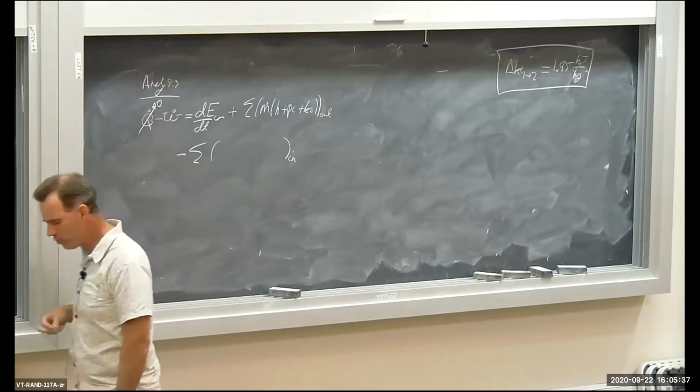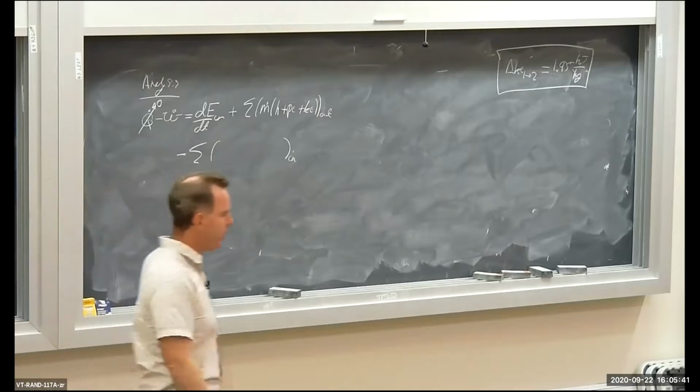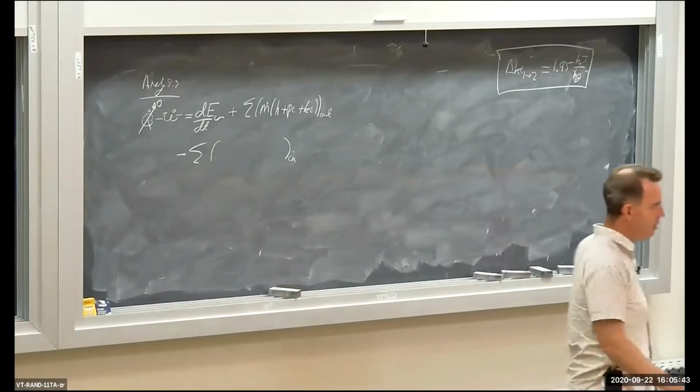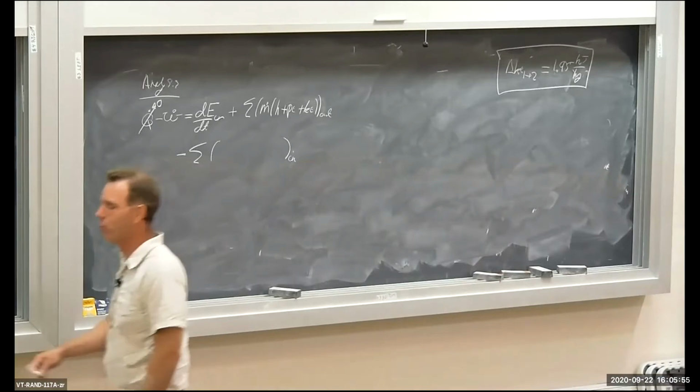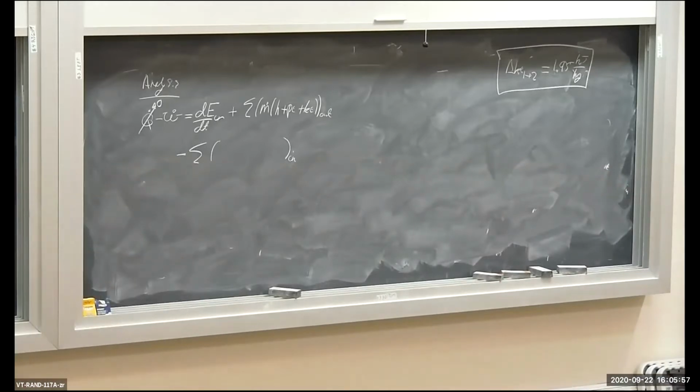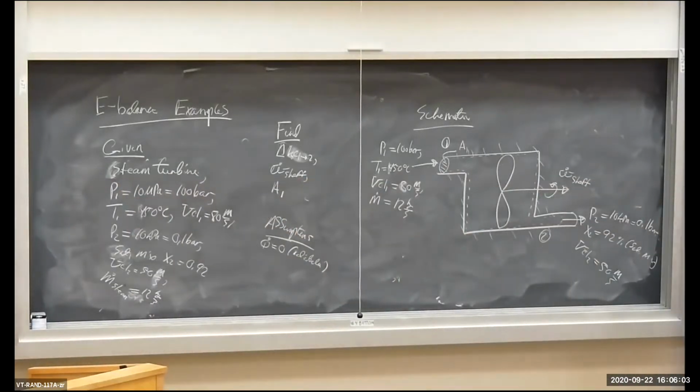No heat transfer, so that's gone. Adiabatic. Now, what about the W dot term? There are three forms of work that we're dealing with here in the energy equation. Pressure power is absorbed into the enthalpy, so we don't have to worry about that. There's shaft work, electric work, and boundary work. I definitely see a shaft in this thing, so we definitely have shaft work going on. I don't see any wires, resistors, or batteries, so there's no electric work.